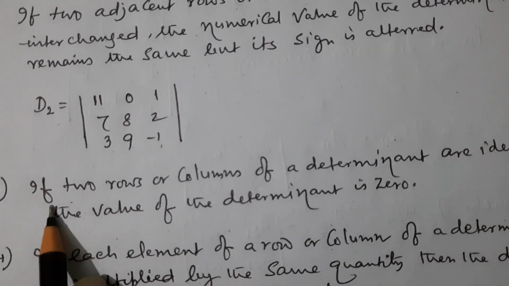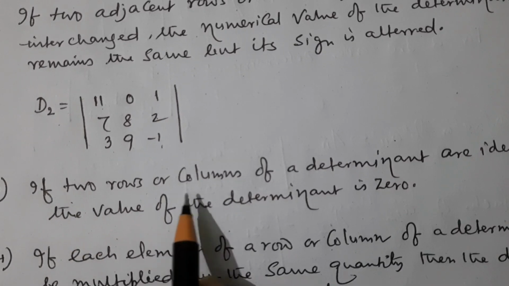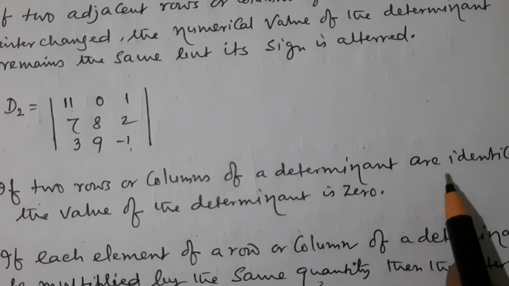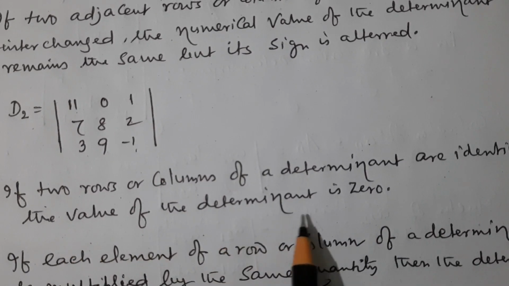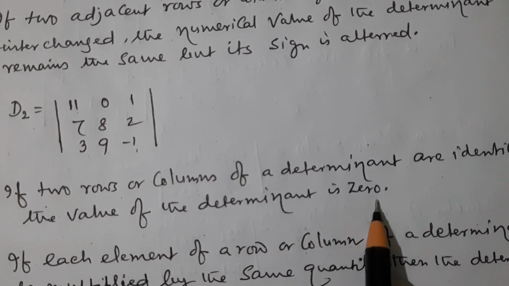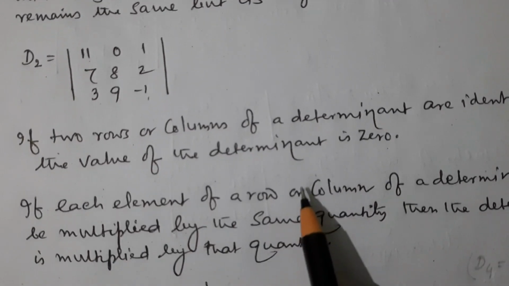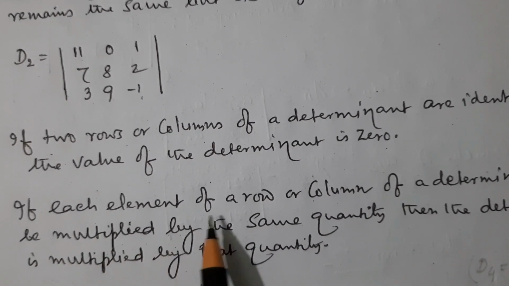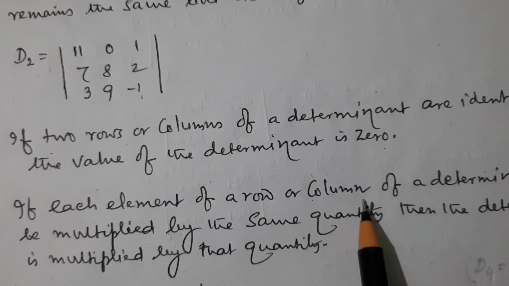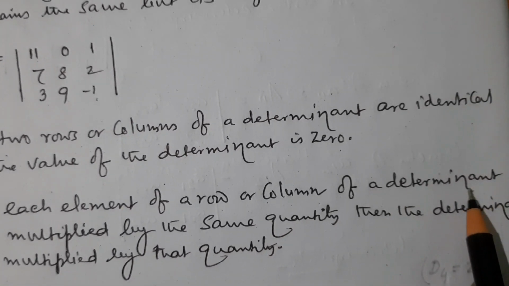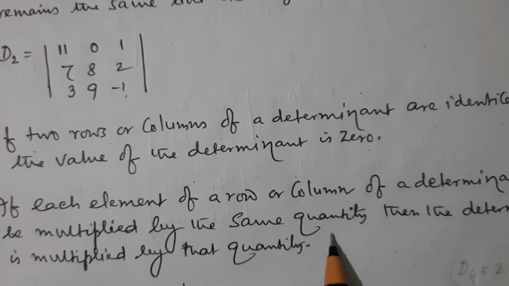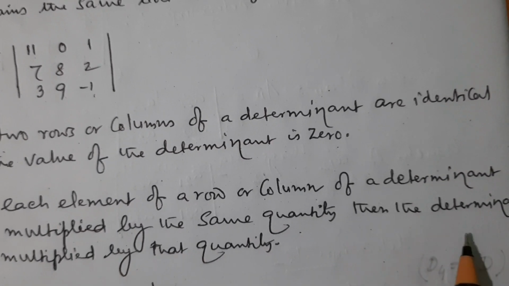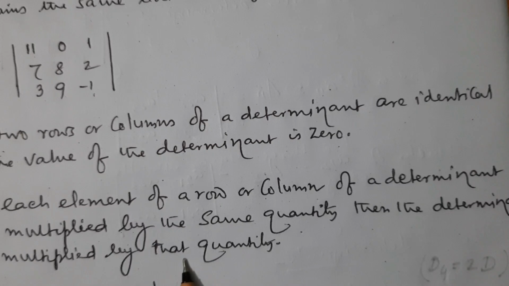Property number 3: if two rows or columns of a determinant are identical, then the value of the determinant is 0. Property number 4: if each element of a row or column of a determinant is multiplied by the same quantity, then the determinant is multiplied by that quantity.